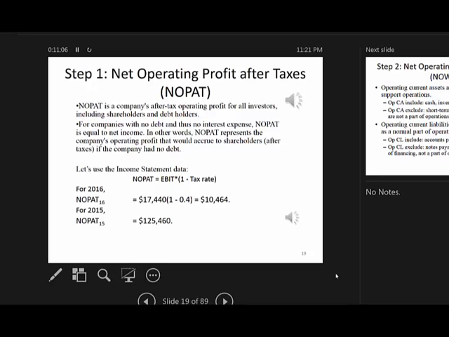Well, 40% is the tax rate. You get a result of 10,464. So that is the NOPAT as of 2016. If we follow the same formula and find the EBIT from 2015's income statement, we can calculate the NOPAT for 2015, and the result should be about 125,460.